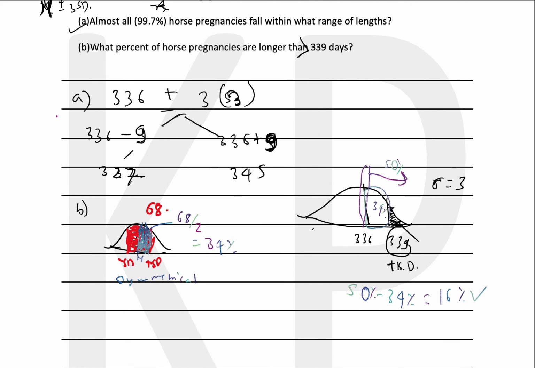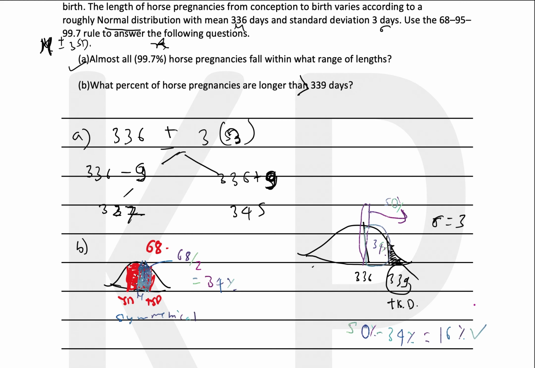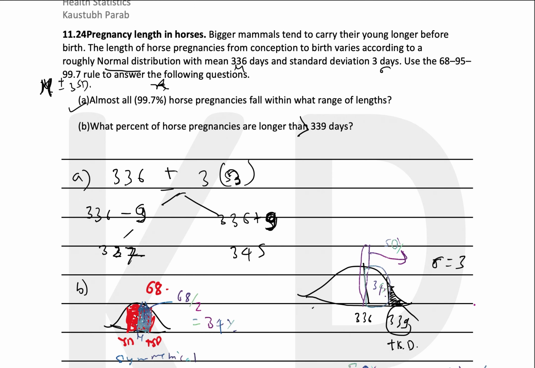So you're going to say 16% of horse pregnancies are going to be longer than 339 days. And there are multiple ways you can find this area. You can add this 34% to 50%, which gives you something like 84%, and then subtract that from the total area, 1. That's going to give you 16% again. So there are multiple ways, but whichever way works for you, just follow that.